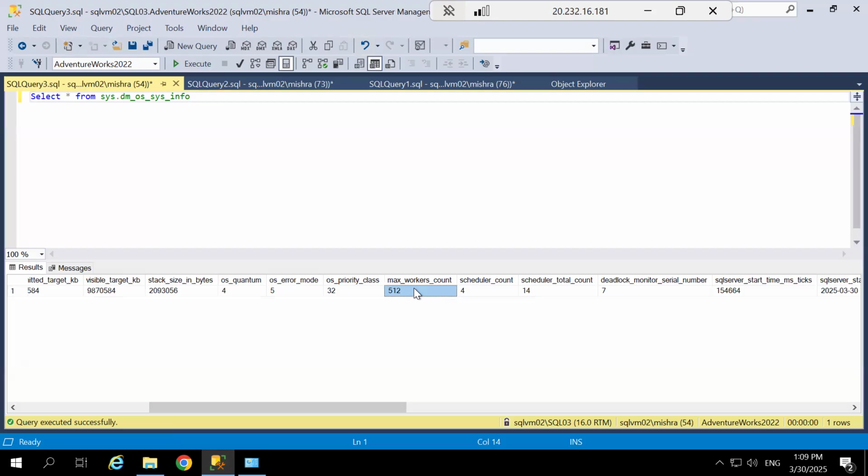Sometimes what happens, with the lesser number of processors, you have lesser number of workers, and the workload is high in terms of queries. So say, for example, there are 3,000 connections established against SQL Server by 3,000 users.